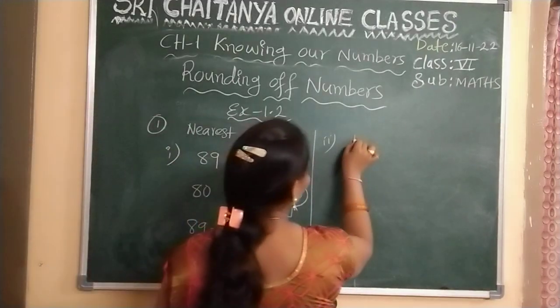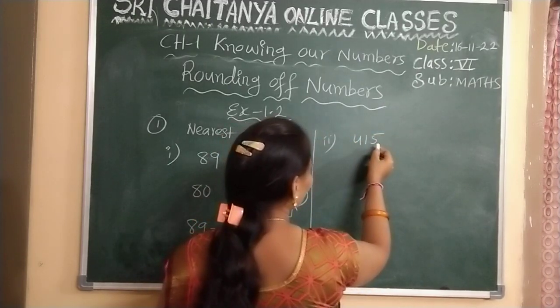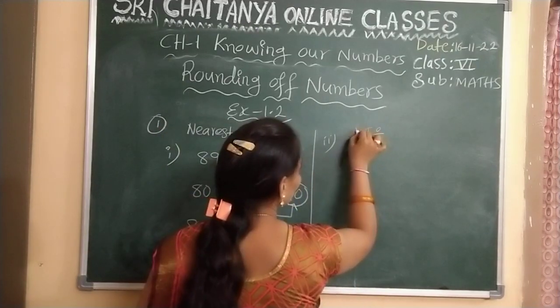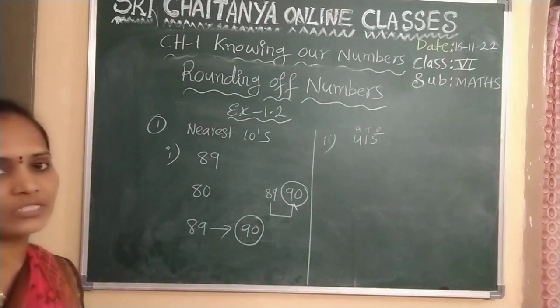Next, second one is 415. In 415, ones, tens, hundreds, here we are talking about the tens place digit.